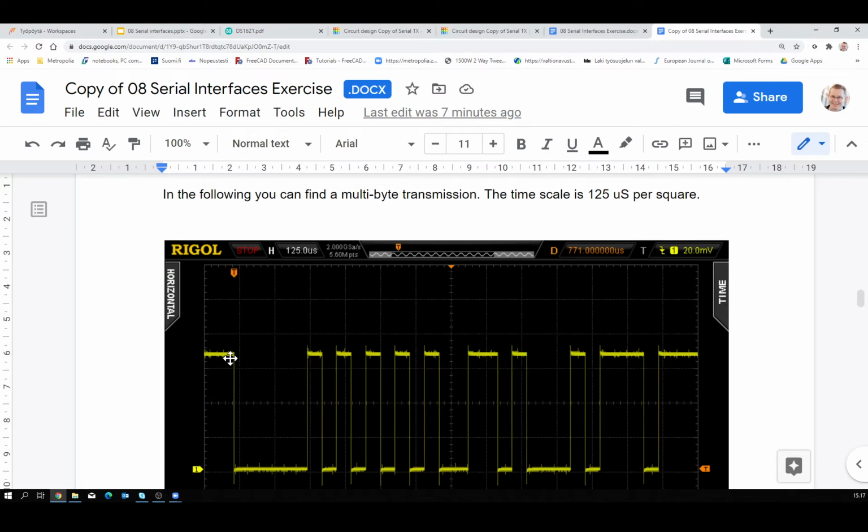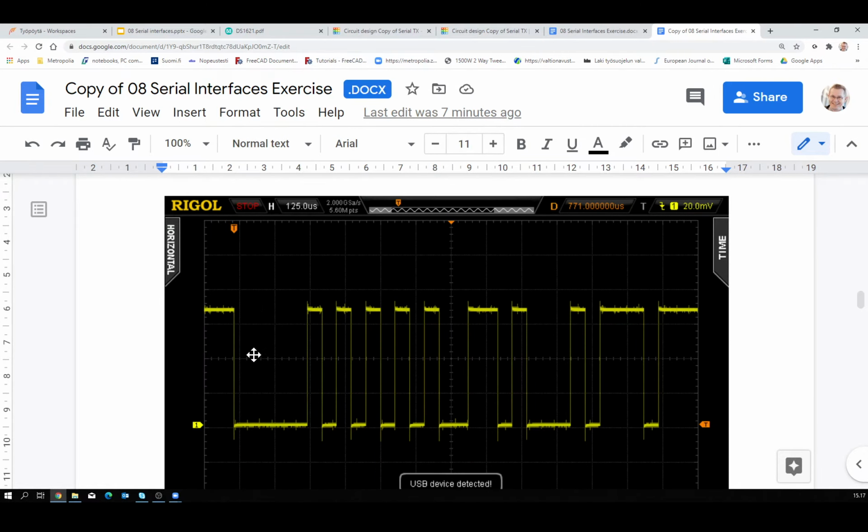But anyways, again you can see the lowest bit length here, and you can start looking at the bits. And the trick here is now to separate each of these sent bytes. So there's a start bit, then 8 bits, then a stop bit.